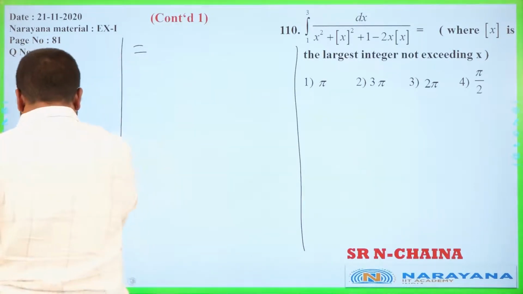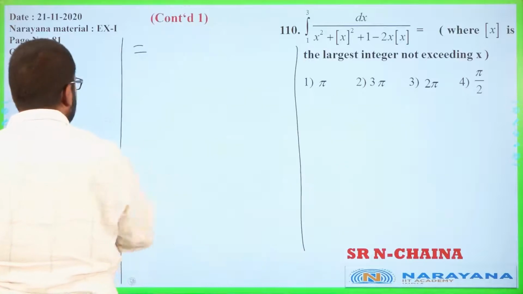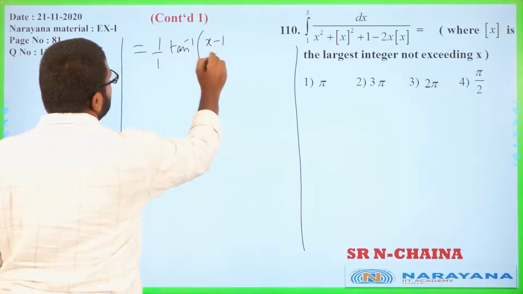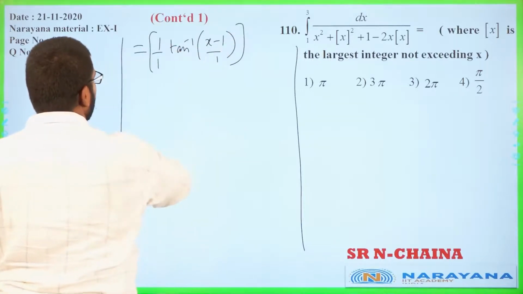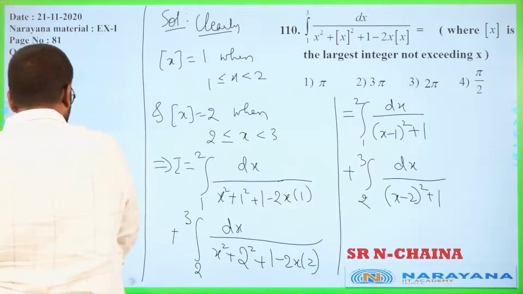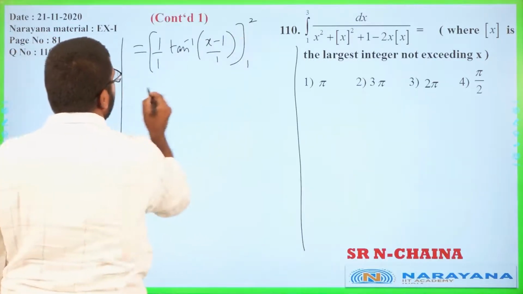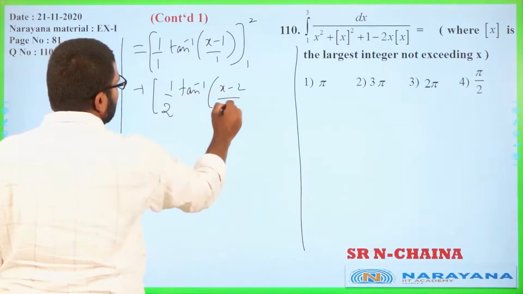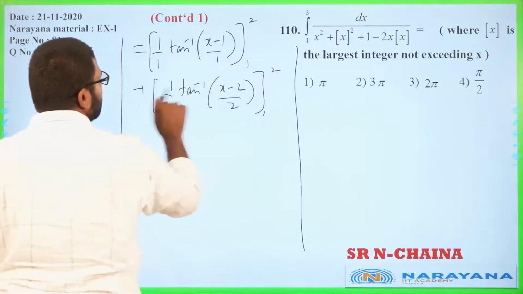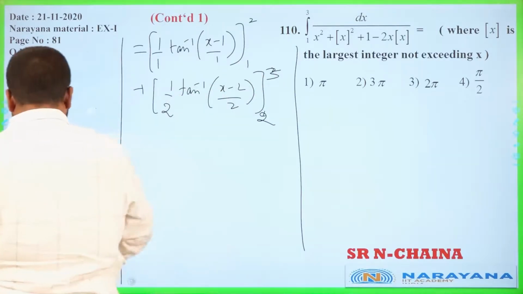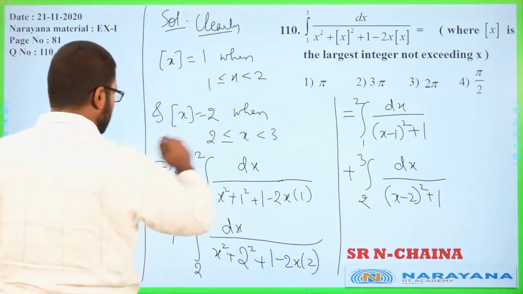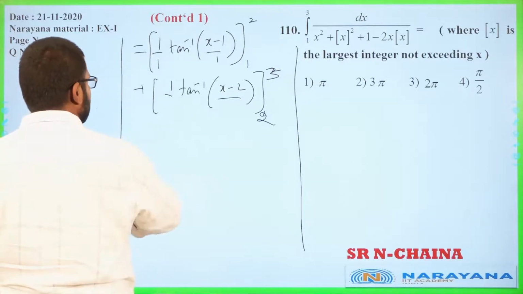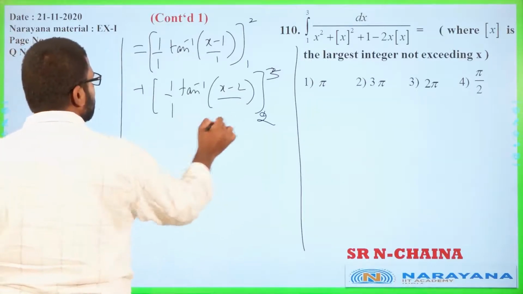Right. So since this you are well practiced with, we can directly write equal to 1 by a tan inverse x by a from 1 to 2 plus 1 by a tan inverse x by a from 2 to 3, and the second one, actually a square is 1 only, so this will be 1, this will also be 1, right?